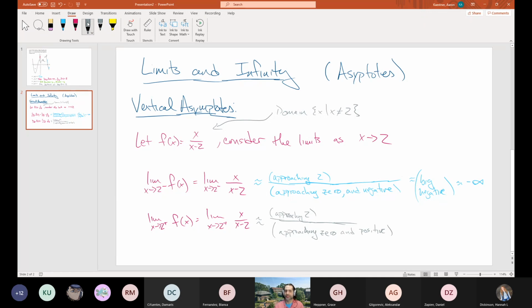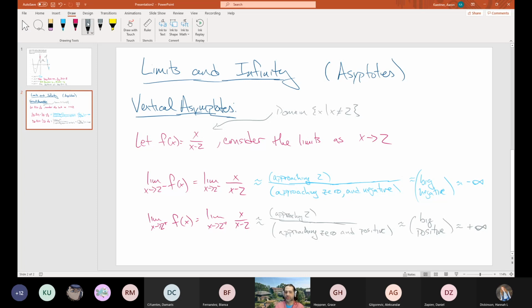So the sign doesn't change. When we think about dividing by something small, it's like multiplying by something big. And so this is like a big positive number, which we can represent as going off to positive infinity.